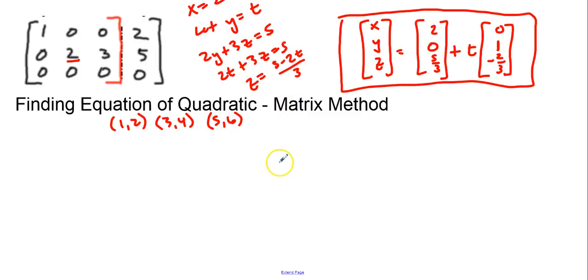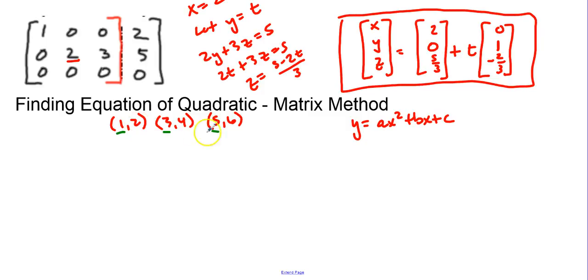We want to use this matrix method in order to find the equation of a quadratic. So first things first, we know that the general equation is ax squared plus bx plus c. And so what we want to do is come up with a system of equations based on these points, and just plug in these x values and see what we get. So we should be able to come up with a system of equations based on this.